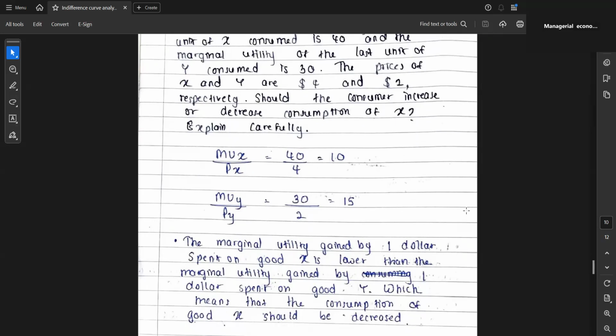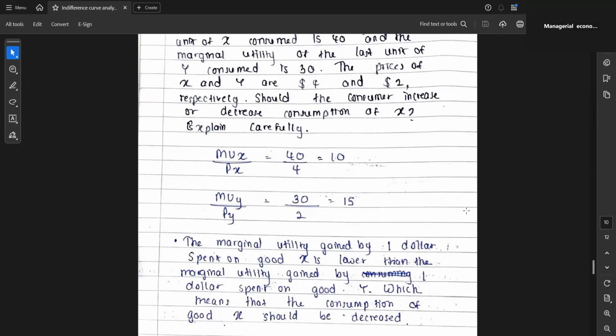But if the consumer has not reached that utility maximization point, he would have to either increase or decrease the consumption of good X. So here, the marginal utility the consumer gains from $1 spent on good X is 10, and the marginal utility the consumer gains by spending $1 on good Y is 15.